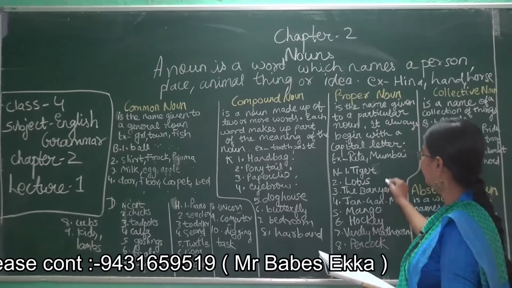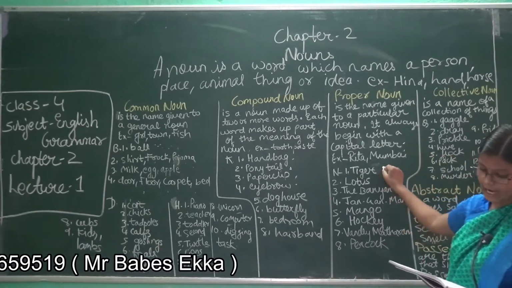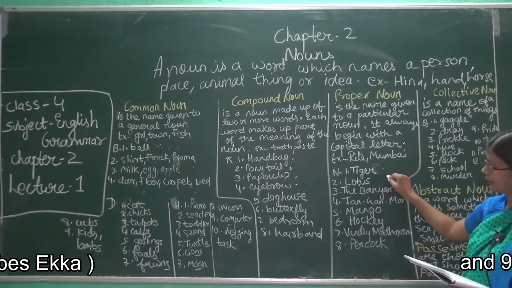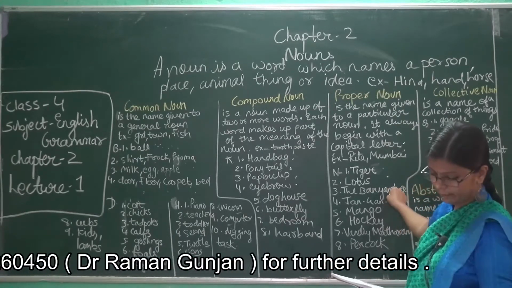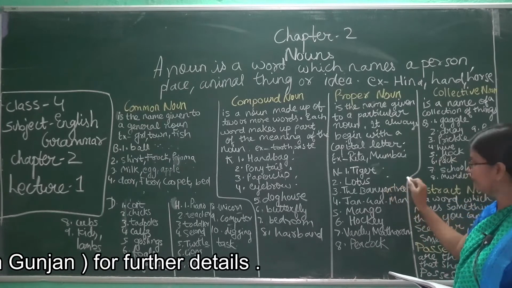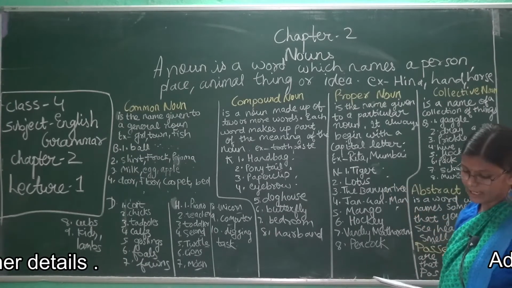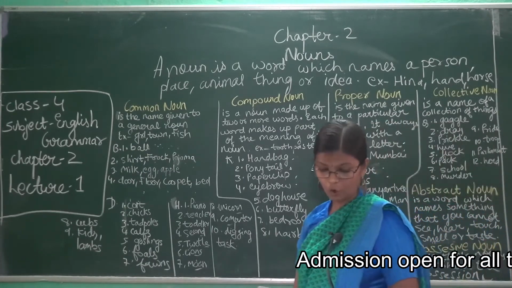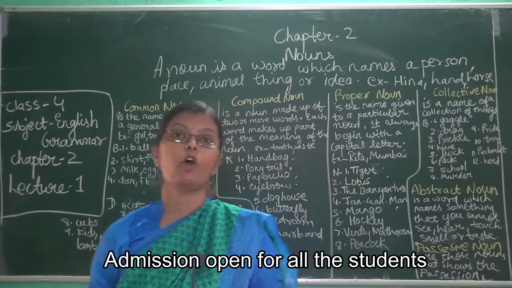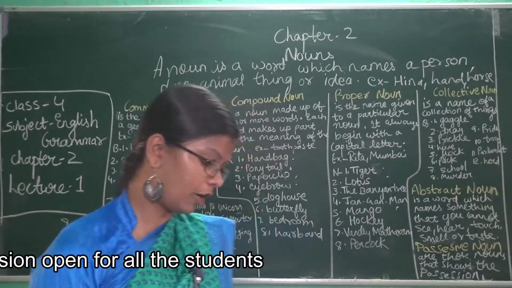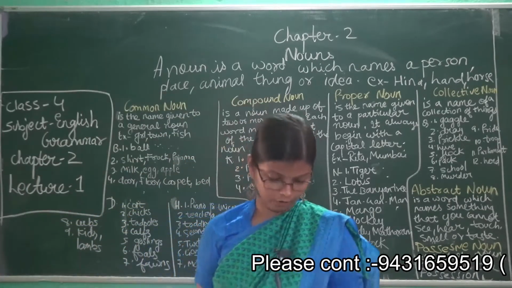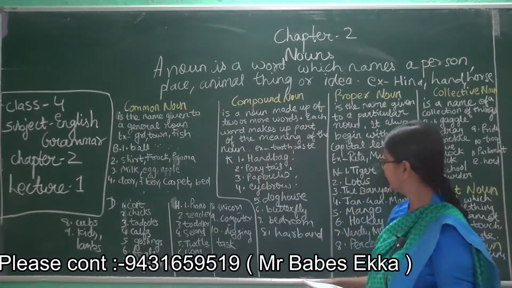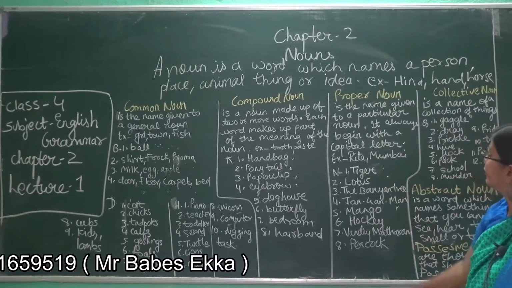National animal is tiger, national flower is lotus, national tree is the banyan tree, national anthem Jana Gana Mana, national fruit is mango, national sport is hockey, national song is Vande Mataram, and national bird is peacock. So it is very easy, the names are written, I have written them here.